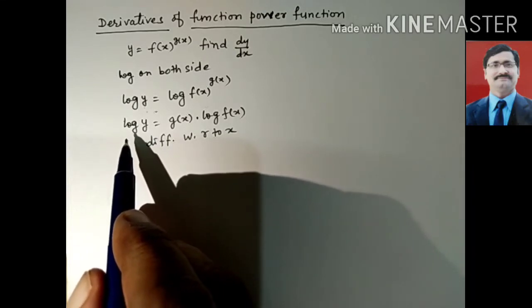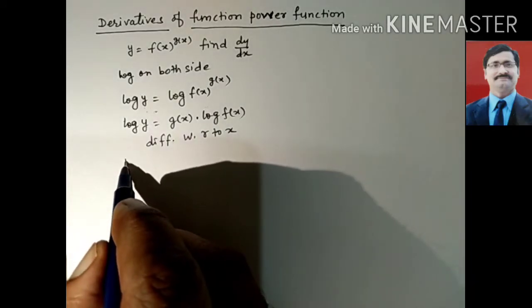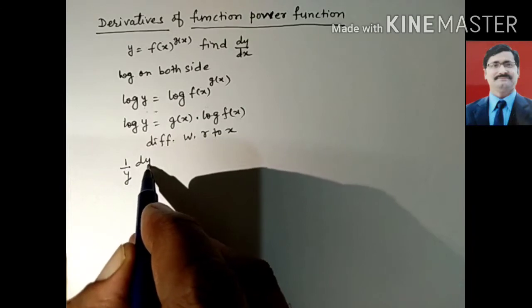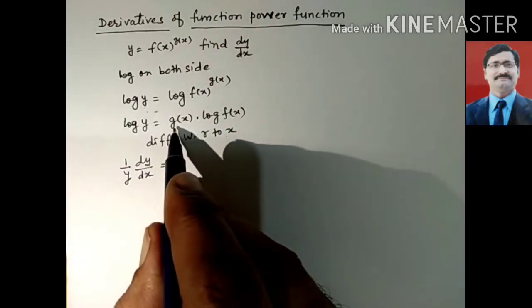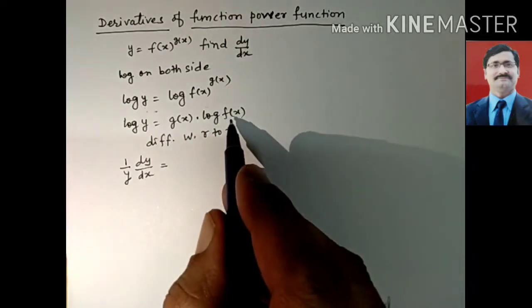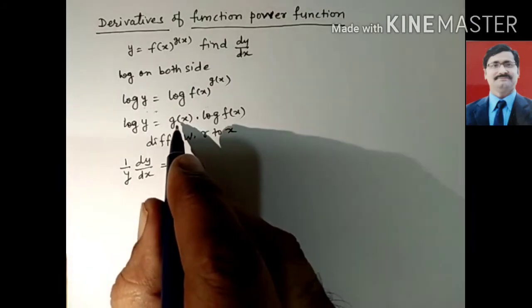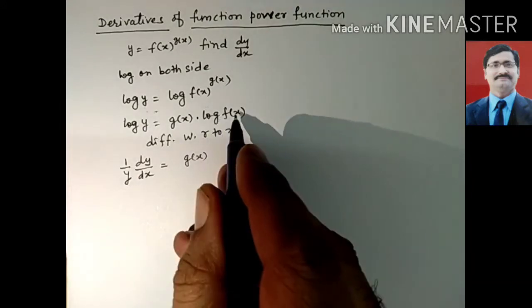So here log x differential is 1 upon x, which means log y differential is 1 upon y, and y differential is dy by dx. Okay. Next you will use the multiplication rule, u into v. So first g(x) as it is, differential of log f(x).